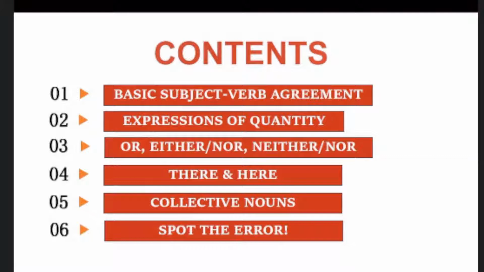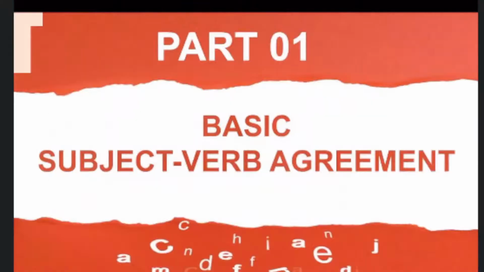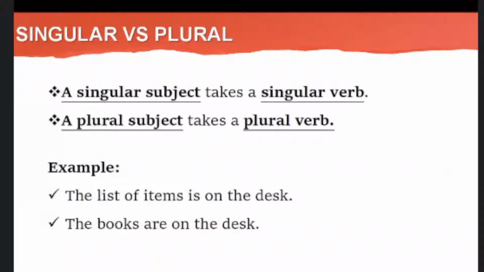Okay, part 1, basic subject-verb agreement. Let's see what it is about. What is the basic thing about subject agreement? The basic rule of subject-verb agreement, as you can see in the slide, is that a singular subject takes a singular verb and a plural subject takes a plural verb.